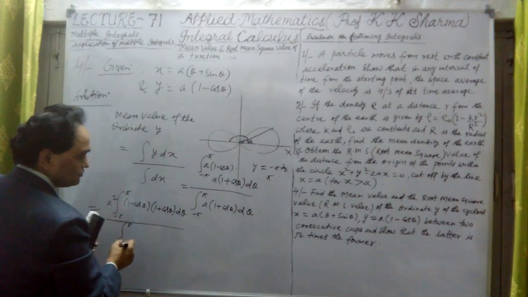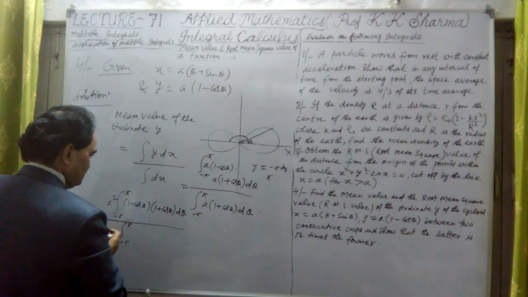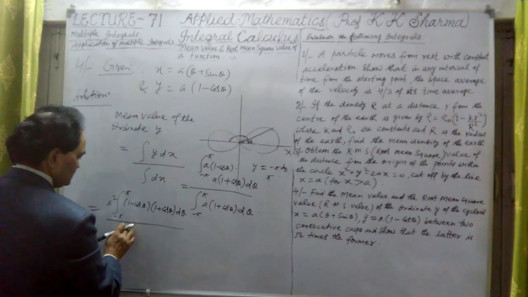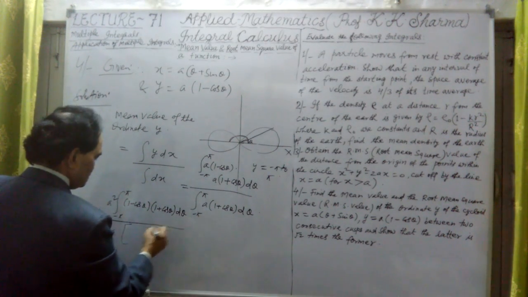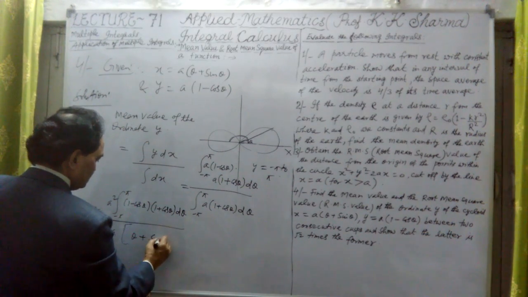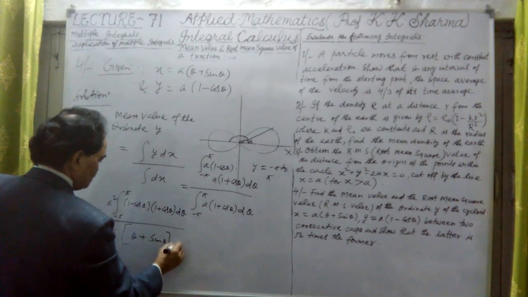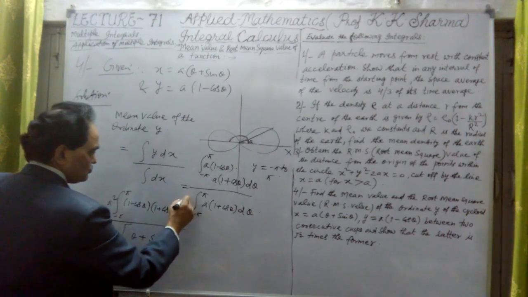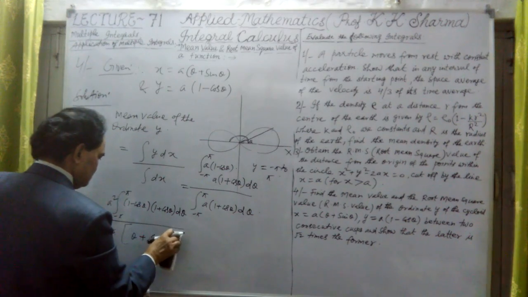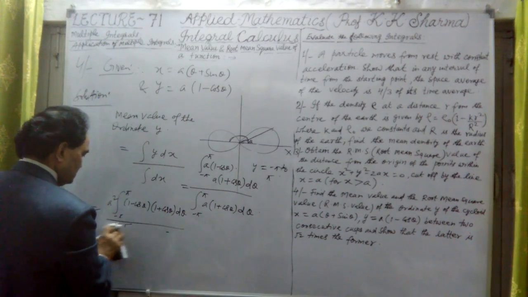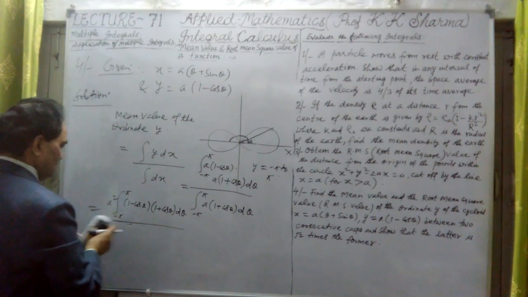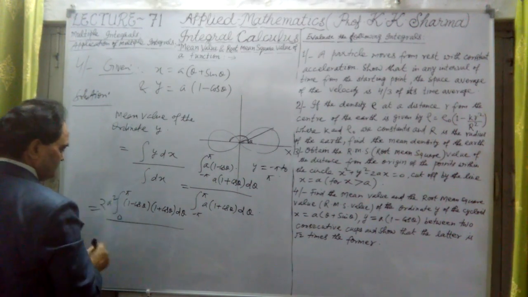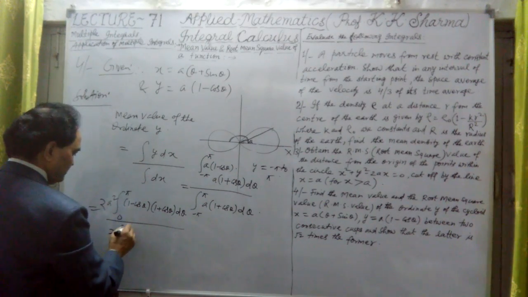Now let me integrate this, and here a is outside. The integration of 1 is theta, and of cos theta is sin theta. I can change the limits to twice 0 to pi.